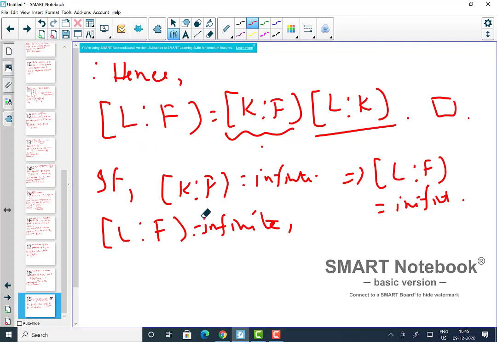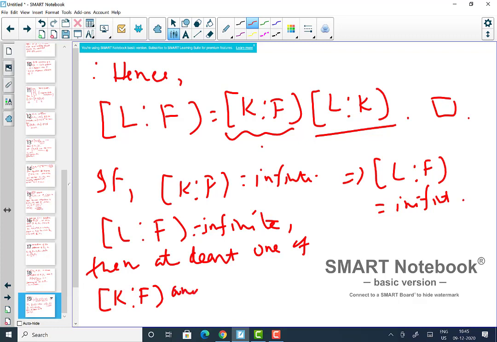Okay, so if L over F is infinite, then at least one of this and this is infinite. Okay, so that is the proof. So this identity is true for infinite also, so it's not only true for finite.